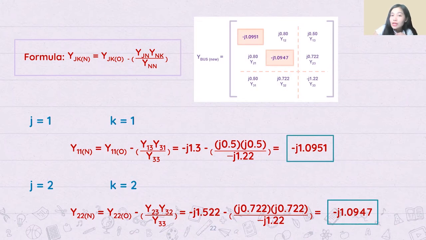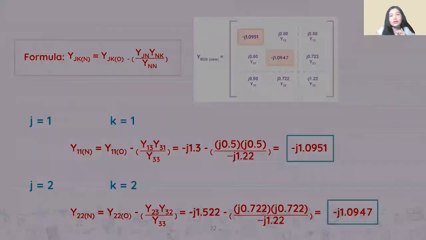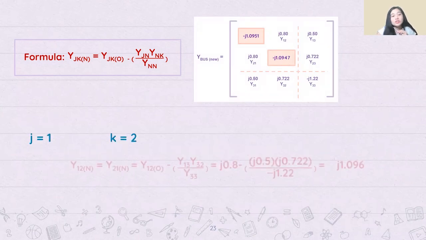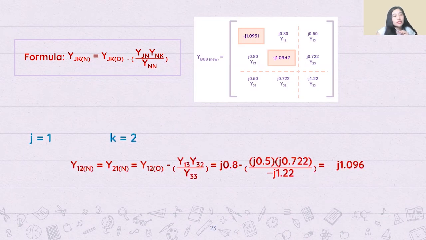So we are now done with our diagonal coefficients. And actually, we only have one value left to solve, because our y sub 1,2 and 2,1 are equivalent to one another. So j is 1 and k is equal to 2. In reference to our formula, y sub 2,1 or y sub 1,2 is equivalent to either y sub 1,2 old or y sub 2,1 old minus y sub 1,3 times y sub 3,2 all over y sub 3,3.